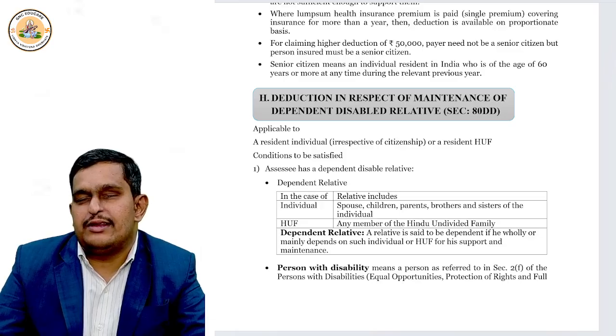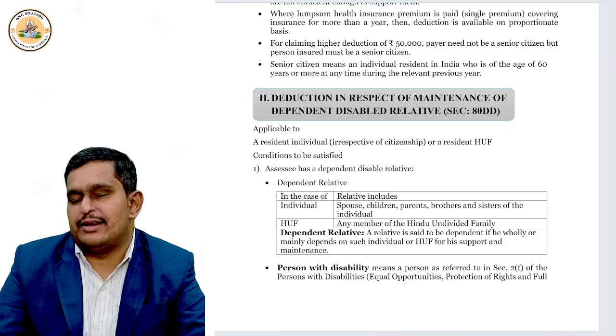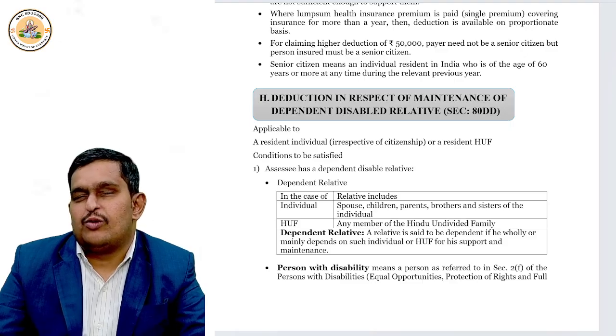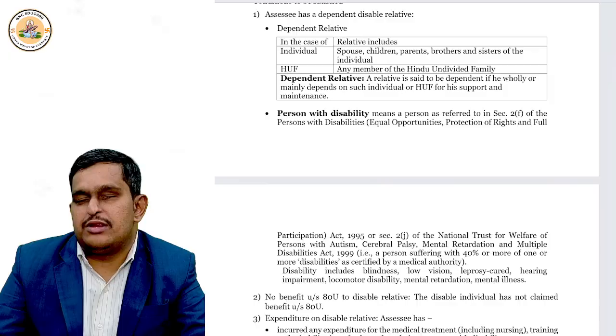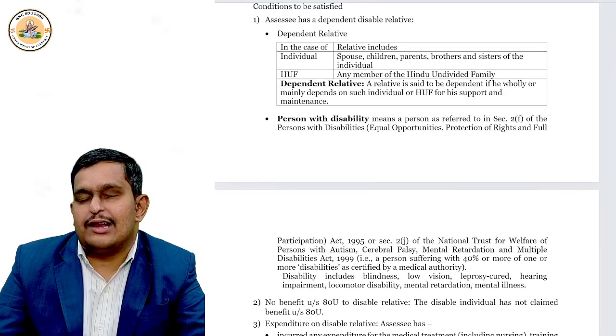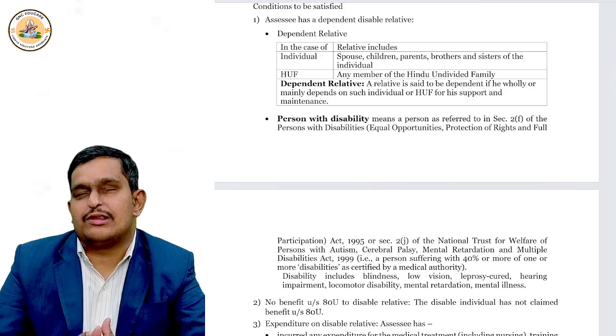Dependence means wholly or mainly you are dependent on for maintenance and support. Relative means for individual it is self, spouse, dependent children, dependent parents, brothers and sisters also. For HUF, any member of the family is a relative only. Correct? So we understood all these concepts.